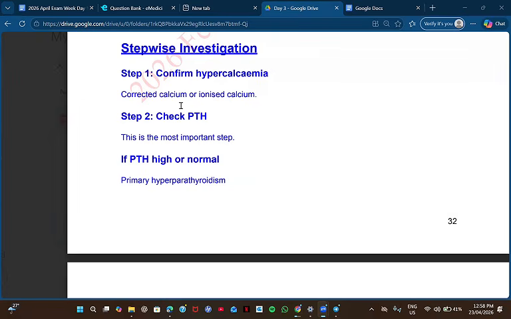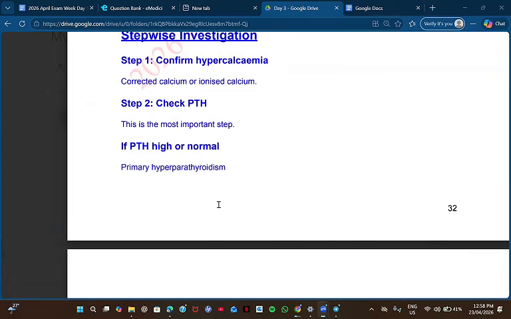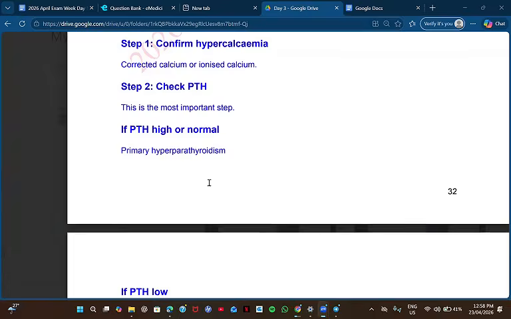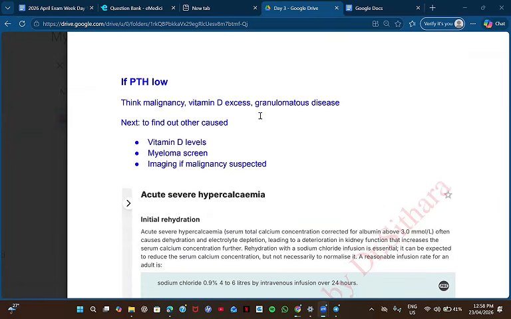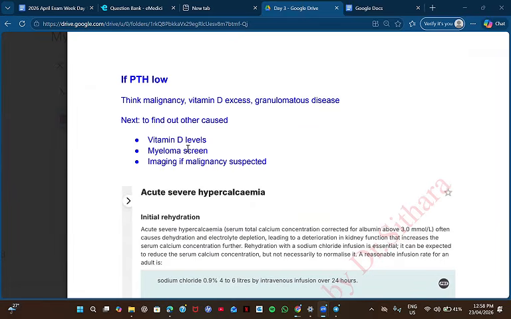You have to get an idea whether it is parathormone dependent or independent, then it will be easy to find the cause. If parathormone is high or normal, it is primary hyperparathyroidism.